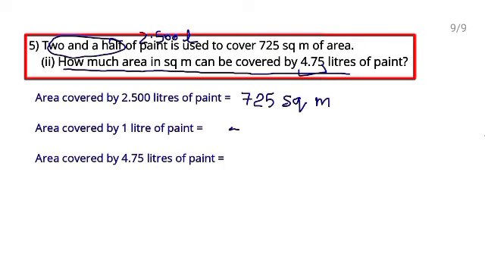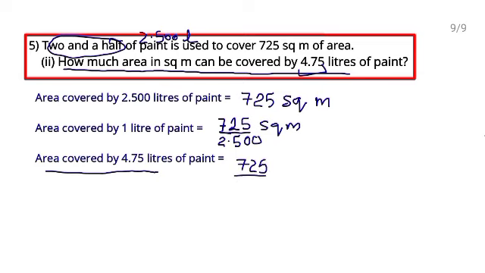Now for 1 liter, divide this 725 square meter by 2.500. Okay, it means 2.500. To find the area covered in 4.75 liters, multiply the area covered in 1 liter by the total paint 4.75, and this will be the area covered in 4.75 liter paint.